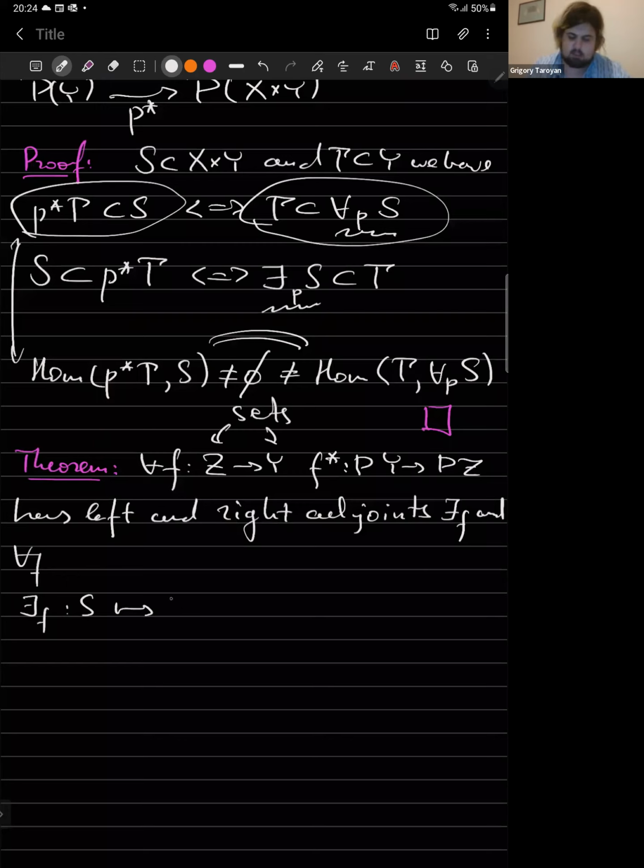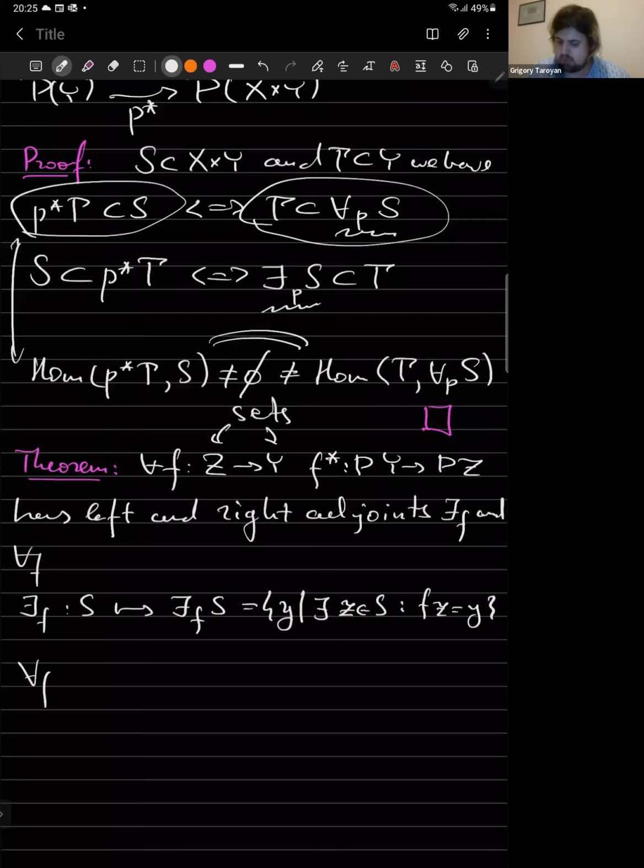So this is just an image under f. So it consists of Y such that there exists Z in S such that fZ is equal to Y. So this is just an image of S under f.